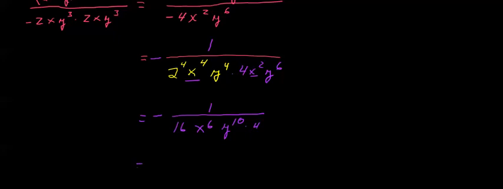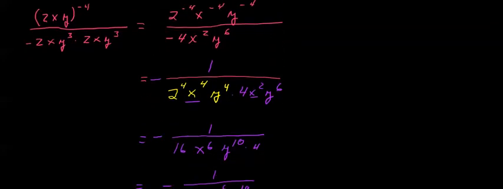Or negative 1 over 4 times 16 is 64, x to the 6th, y to the 10th. And that's it. You are better off doing it little by little, one step at a time.